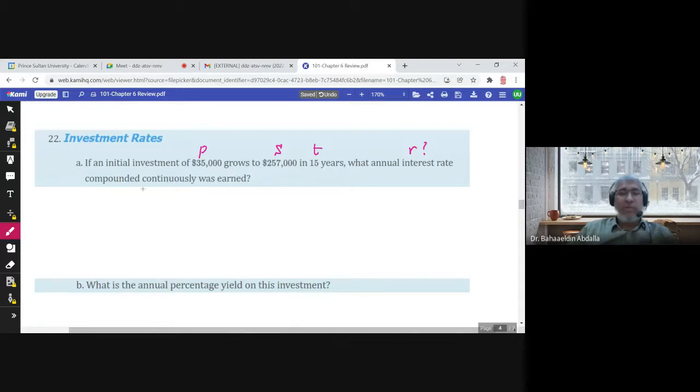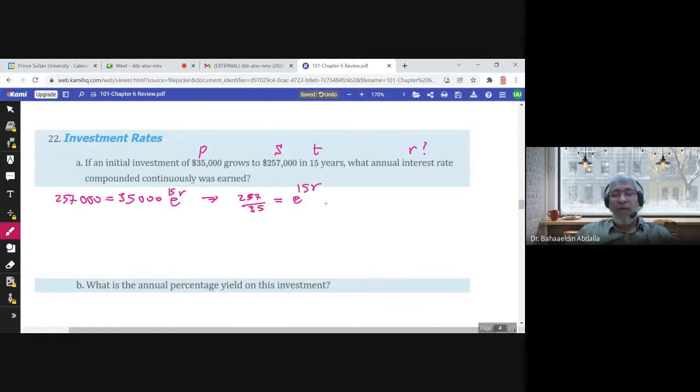Okay, so S, 257,000, equals P, which is 35,000, times e to the power r, r is missing, and t is 15. So first step, we divide by 35,000. And when we divide by 35,000, we get 257 over 35.